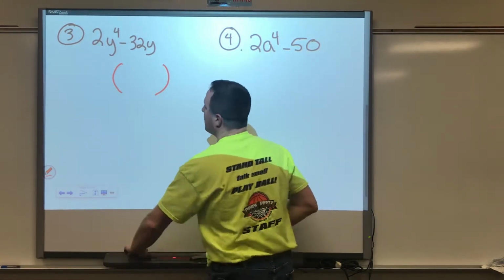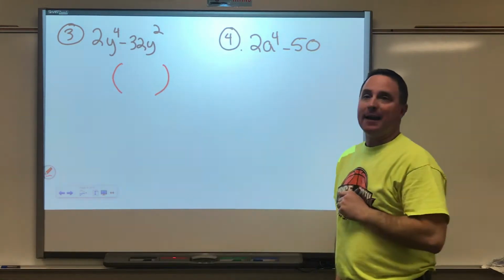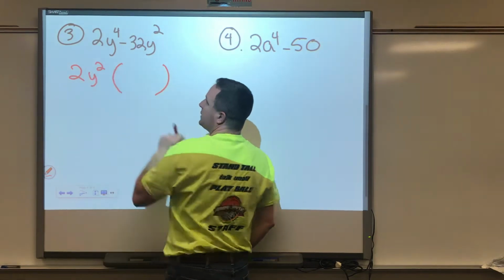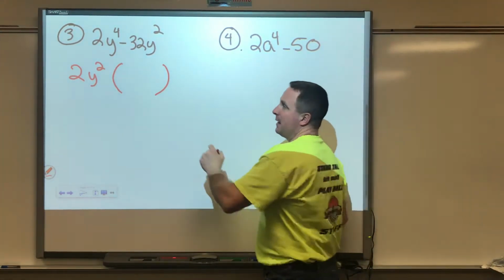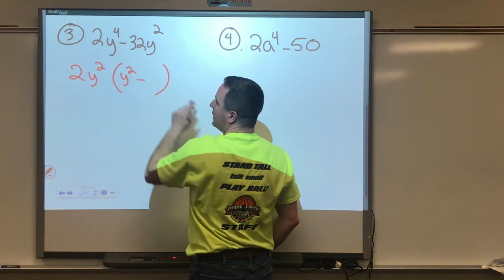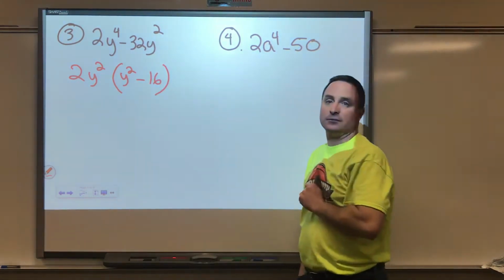Instant replay. That's supposed to be 32y to the 2nd. I can still take out a 2. Sorry about that. But the most I can take out is 2 y's. And if I take the 2 out, it's gone. I get a y squared left over. And 32 divided by 2 is 16, and the y squared is out front.